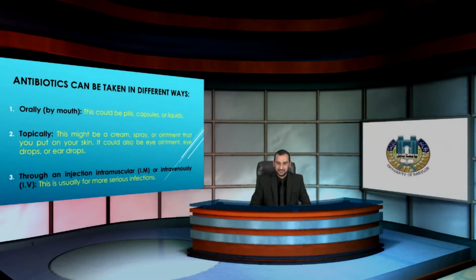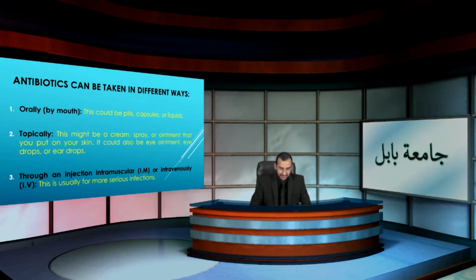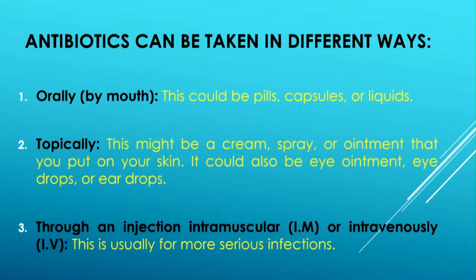Antibiotics can be taken in different ways: orally, or through injection, intramuscular or intravenous, IV or IM. What are the differences between these methods of taking antibiotics? This depends on several causes. Some antibiotics can cause toxicity when taken orally, or can be broken down by acids in the stomach.